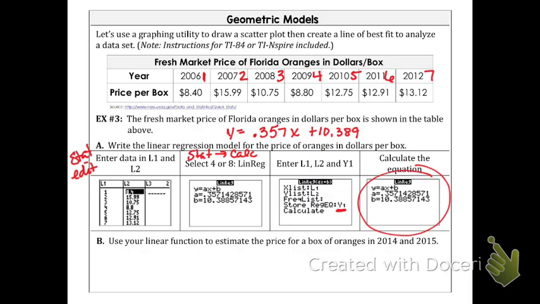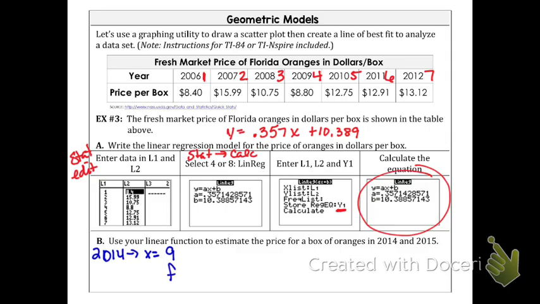Part B says use your linear function to estimate the price of a box of oranges in 2014 and 2015. All right, well in 2014, my x will equal, let's see, 2012 is 7, so 2013 is 8, so that would be 9?